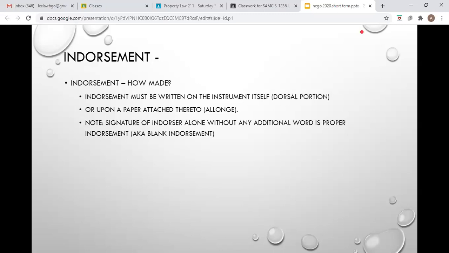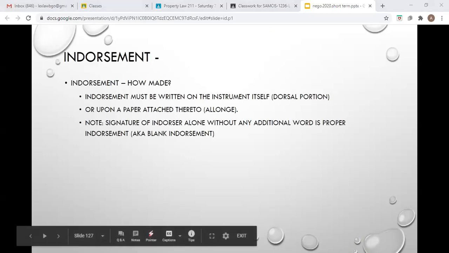If ever you will negotiate that instrument to another, you will endorse it, you have to endorse that entire 1 million. Hindi ka allowed na maggawa ng tinatawag natin na partial endorsement. Except only if the instrument has been partially paid, in which case you will now endorse it insofar as the remainder is concerned. So take for example this one.